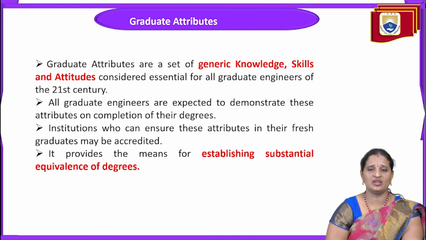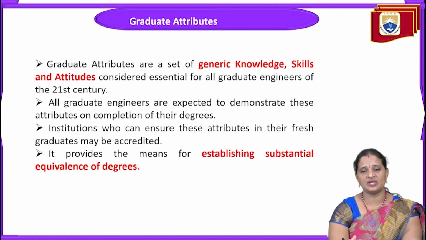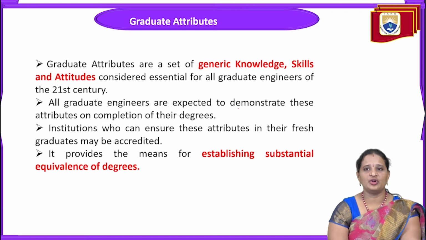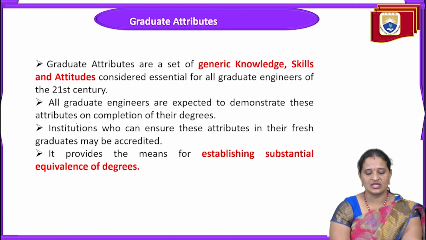That means so many technological developments are being done. So we have a responsibility to train the students in order to upskill, in order to upgrade their skills. So all the graduate engineers are expected to demonstrate these attributes on completion of their degrees. They must be able to demonstrate these graduate attributes.